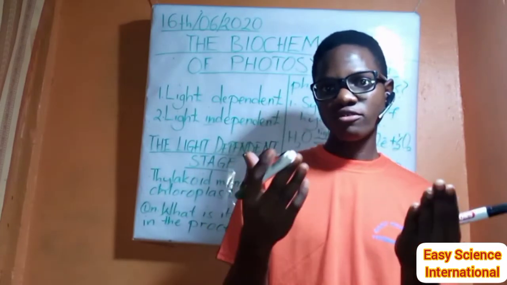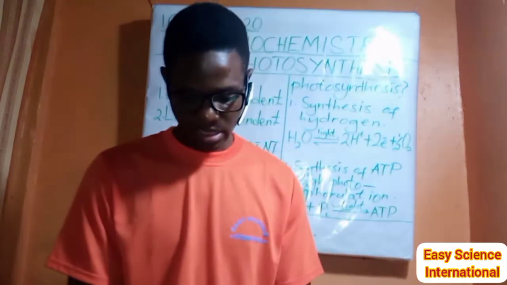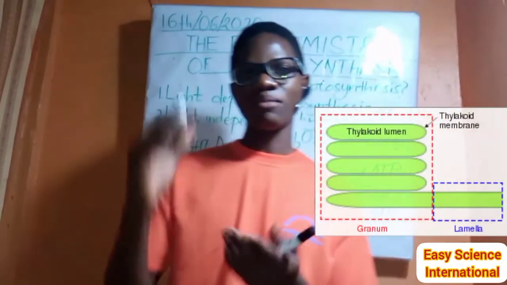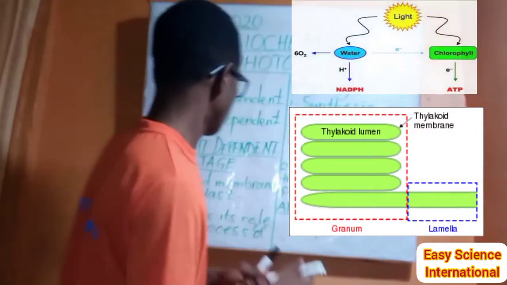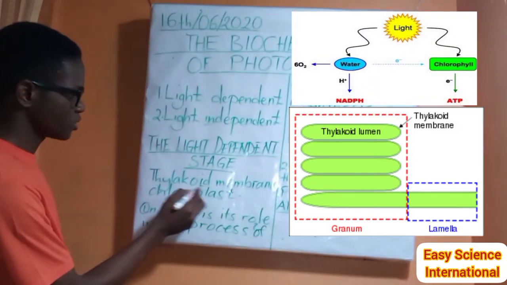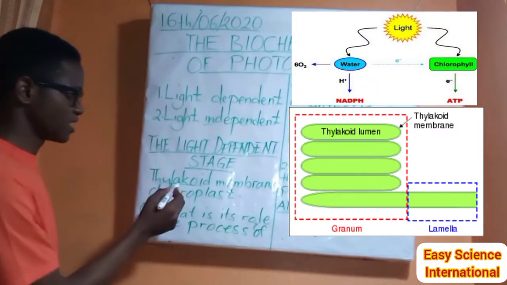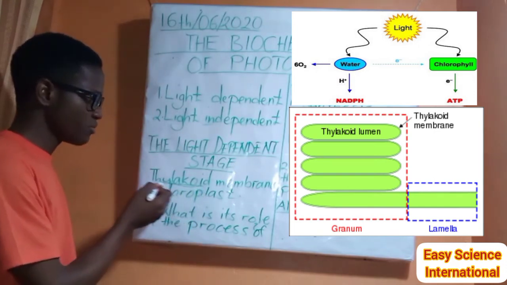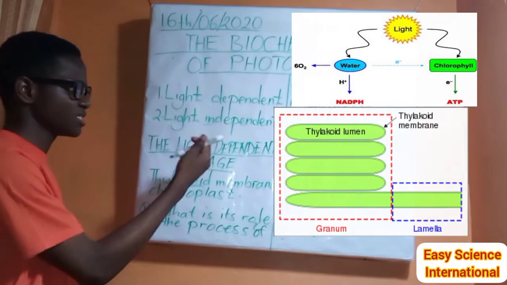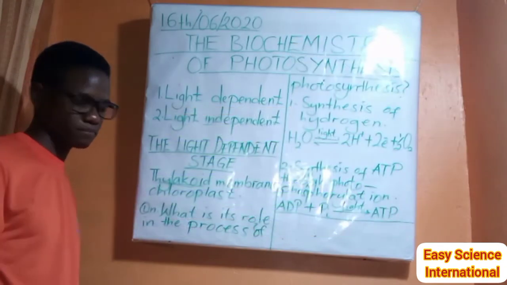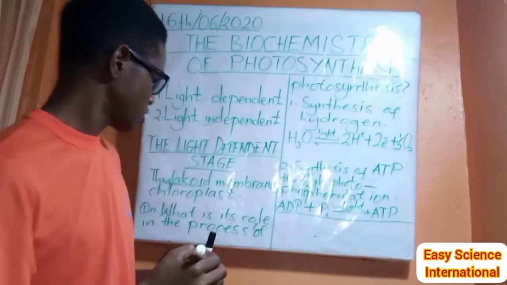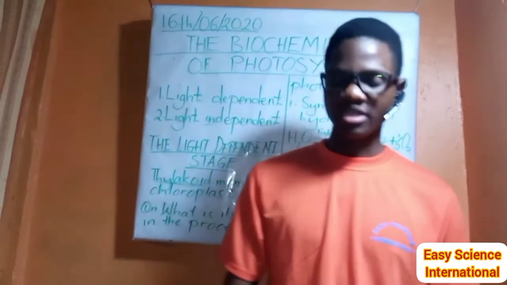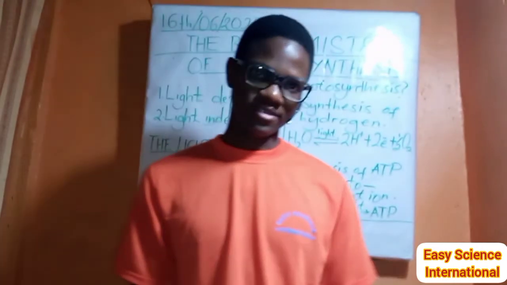When you look at the chloroplast in cell biology, we see some structures or membranes known as the thylakoid membranes. It is on these membranes that we shall find this process occurring in the leaf. So basically, that is where the light-dependent stage of photosynthesis occurs.